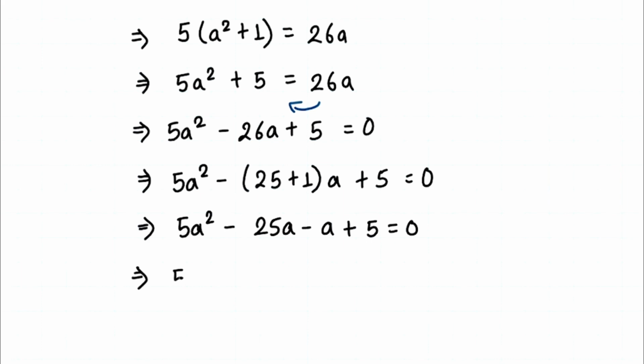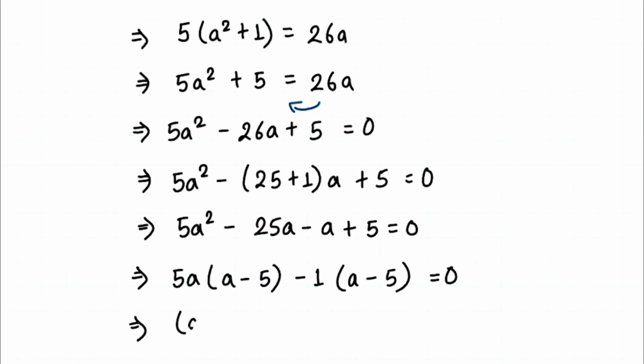Now let's take common. So we can take 5a as common over here and we get a minus 5 remaining over here. Minus, there's nothing common, so we can take 1 as common. And again, we get a minus 5, okay? Again, here we have minus, minus becomes plus, okay? Equals to 0. Now we can write a minus 5 and 5a minus 1 equals to 0.